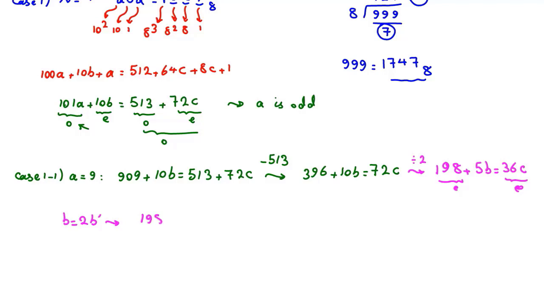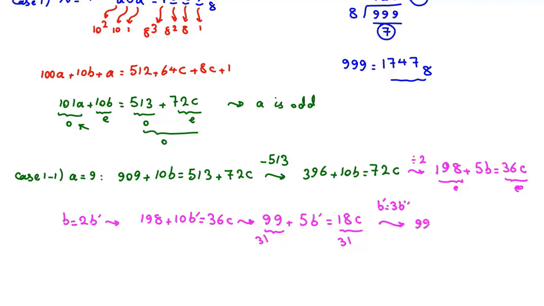So 198 plus 10b prime equals 36c. Now if we divide by 2, 99 plus 5b prime equals 18c. Here we see it is a multiple of 3. 3 divides this, 3 divides this, so we conclude 3 divides b prime. So b prime equals 3b double prime, and 99 plus 15b double prime equals 18c.